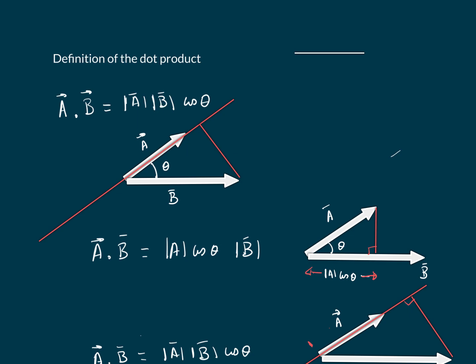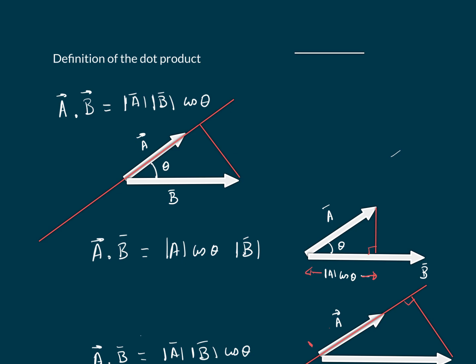So as a result, for an angle smaller than 90 degrees, the product of these three terms will be positive. If the angle is bigger than 90 degrees, the cosine is negative, so the dot product is negative.